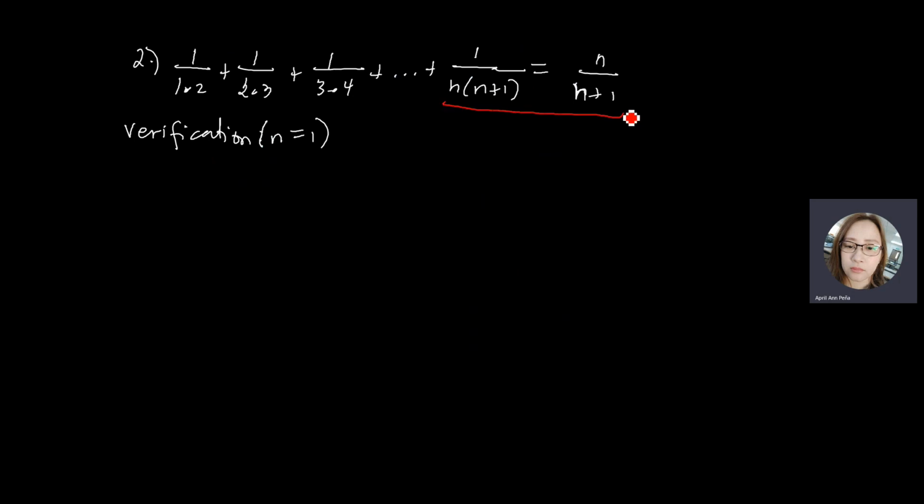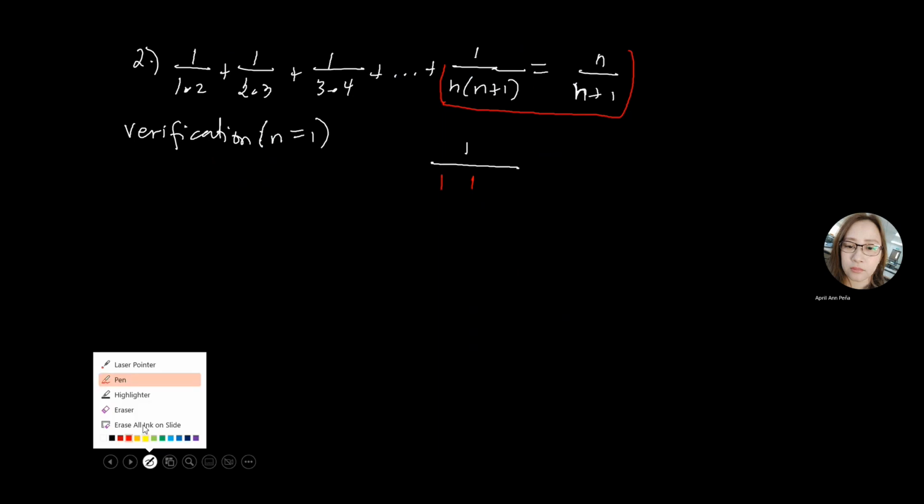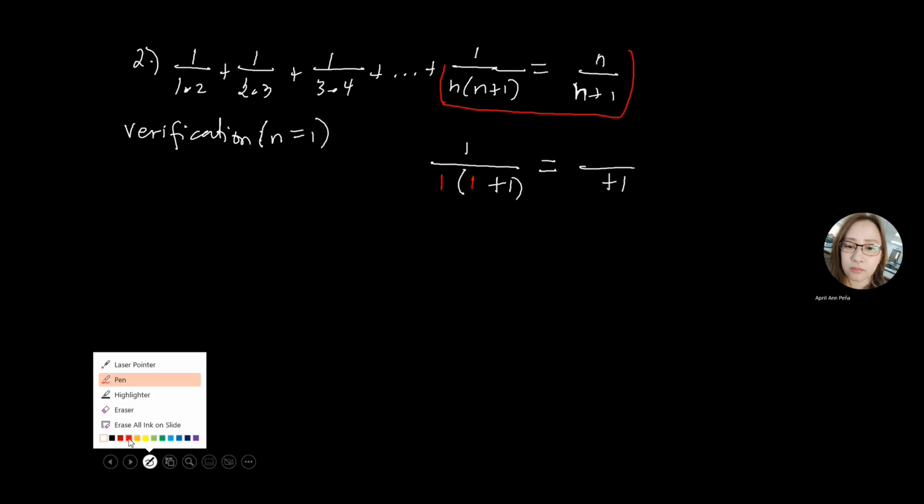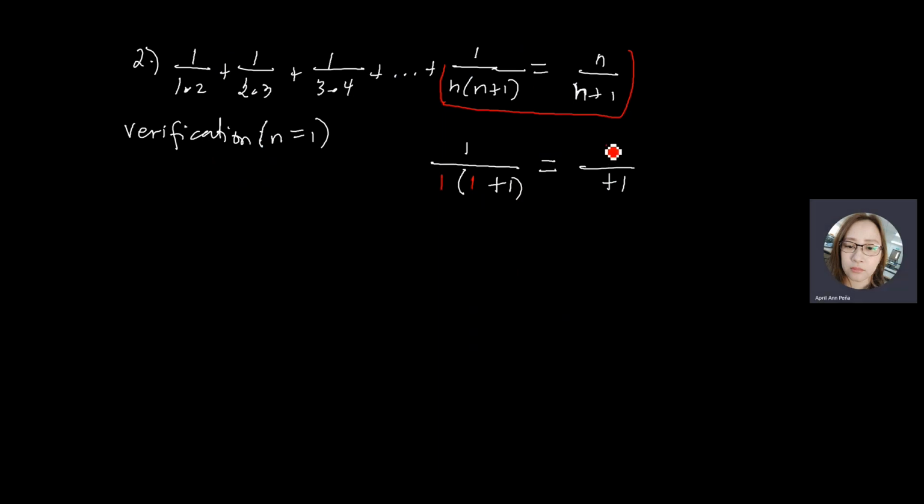So we have 1 over 1 times 1 plus 1, equals. On the right side, you also make n as 1.